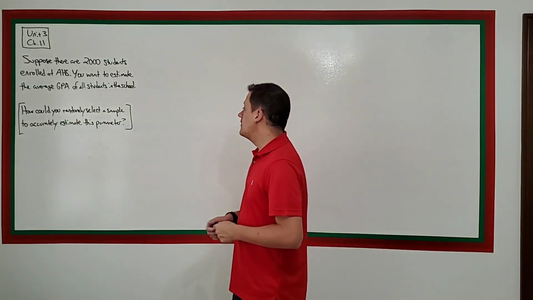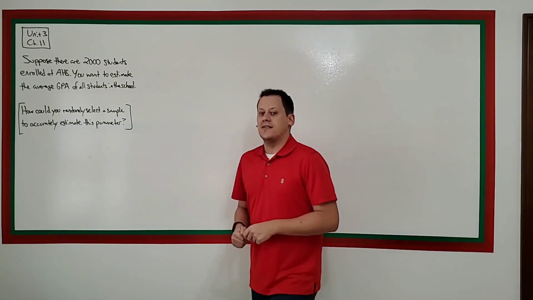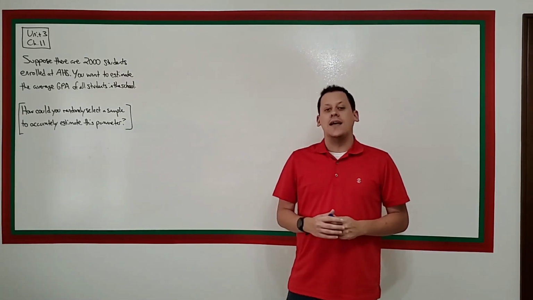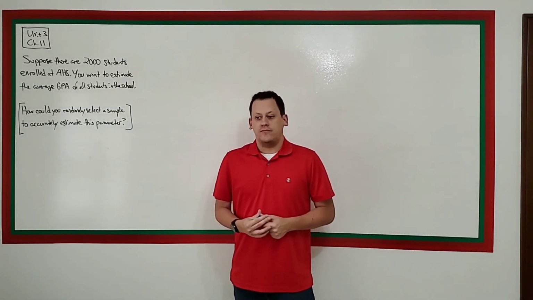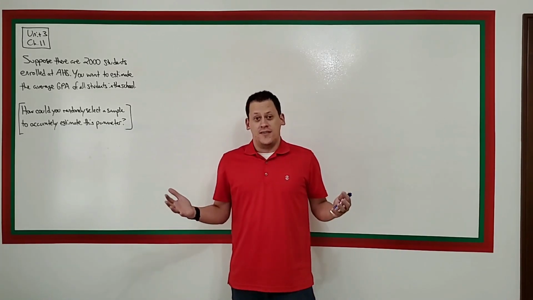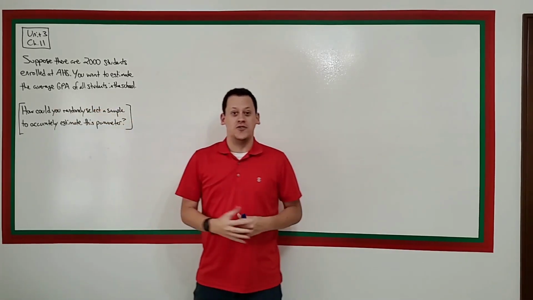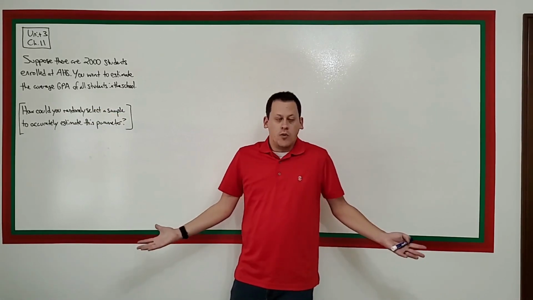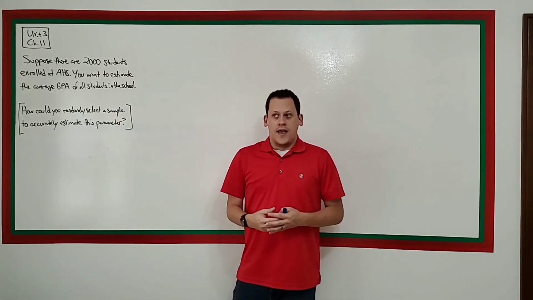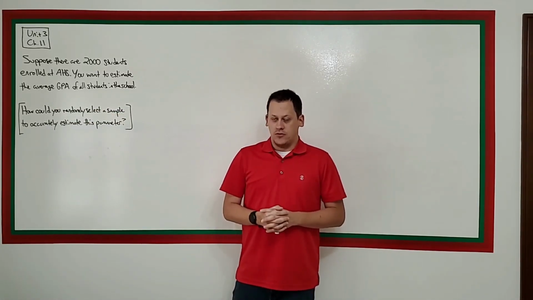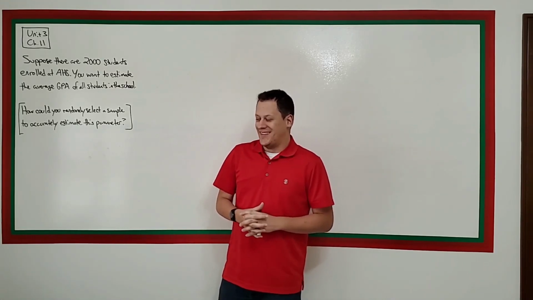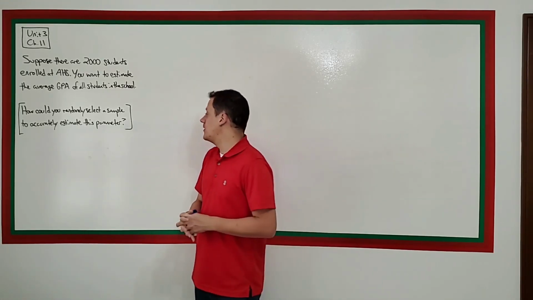So, interesting. How could you randomly select a sample to accurately estimate this parameter? Obviously, the true average GPA of all the students in the school is unknown. No one knows what it is. And it would be very difficult to get that information. At least for you. Probably for me too. I don't even think I can do it.